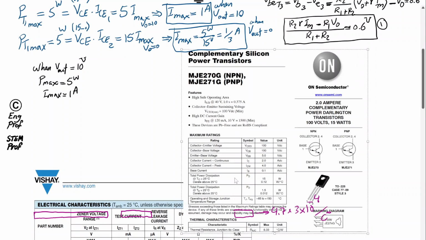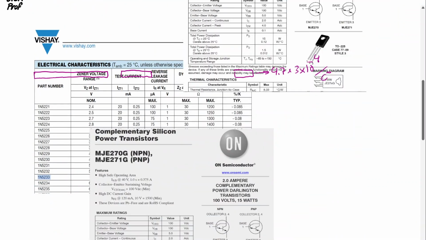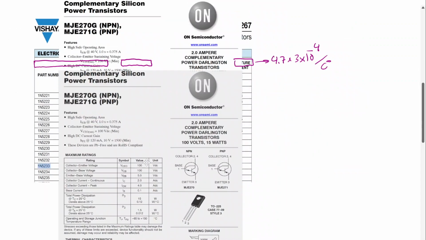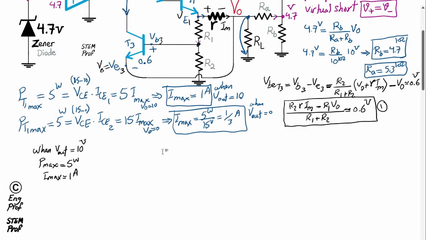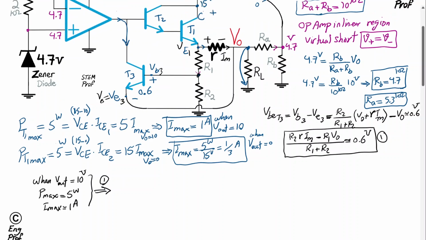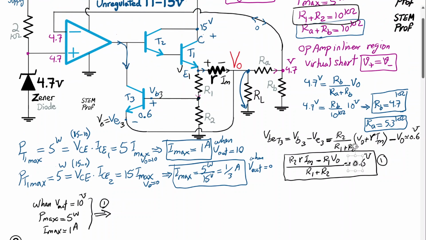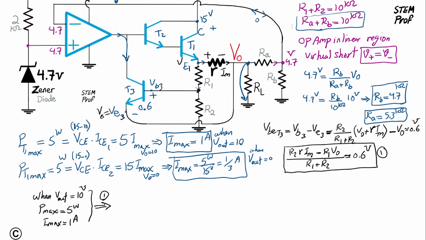So with that in mind, let me do a quick calculation to show how we can find the remaining components. I'm going to apply this into equation 1, and if I do that, then the outcome is this. Of course, R1 plus R2 is also 10K, so I can take care of that as well.